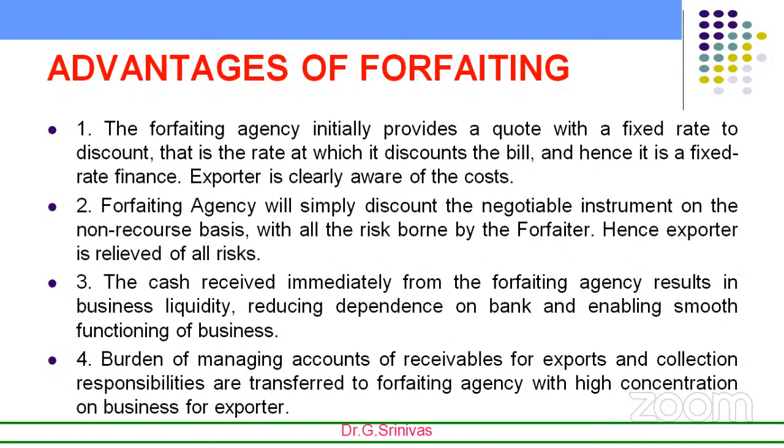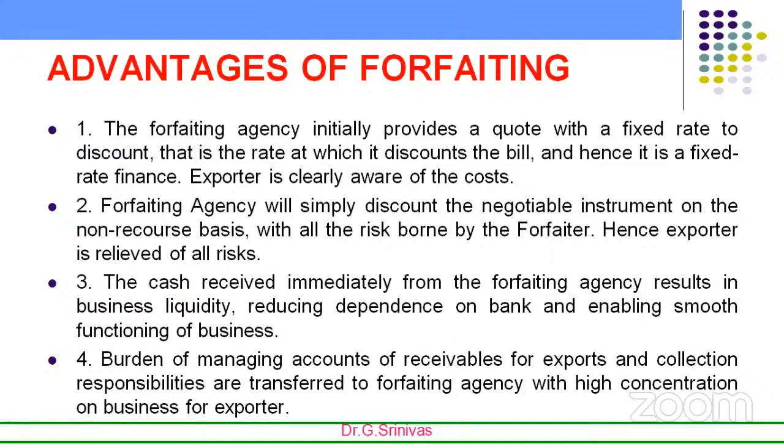Then the forfeiting agency will simply discount the negotiable instrument on a non-recourse basis, with all the risk borne by the forfeiter. Hence, the exporter is relieved from all the risk. Right? This is another benefit. It means the exporter doesn't have any risk of collection of money. So it is borne by the forfeiting agency only.